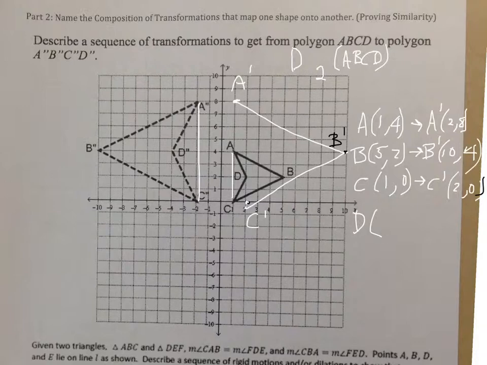Point D is currently at 2, 2. When I dilate it by 2, it would turn into 4, 4.